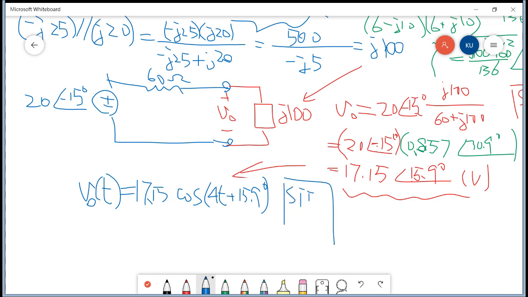This is step 3, convert it back to the time domain. Or maybe it's more accurate to write it as 16.0, but it doesn't really matter.